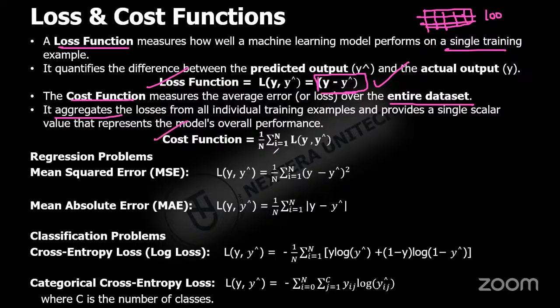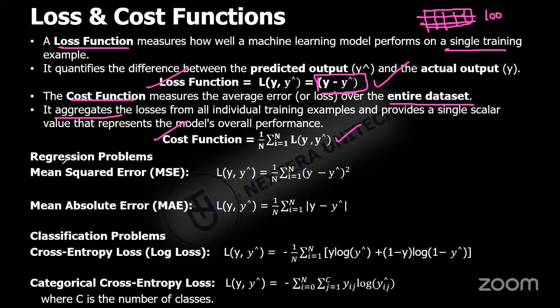That is what I'm doing here in the formulas. Assume that there are n rows. So summing up all these n rows divided by n gives me the cost function value. This is also called the objective function. Loss function is called the error function. Cost function is called the objective function.